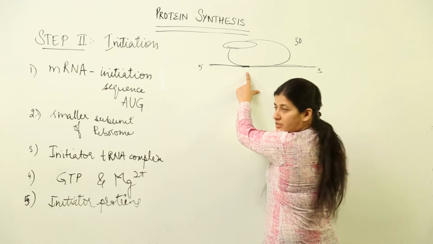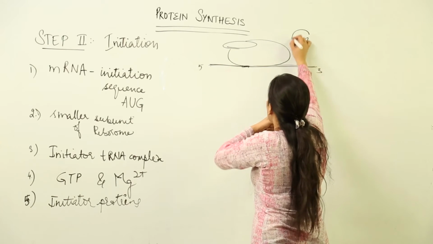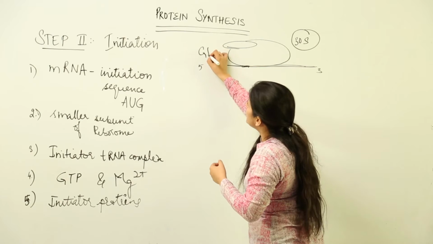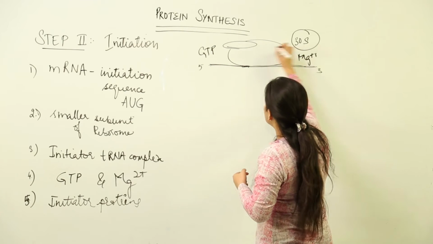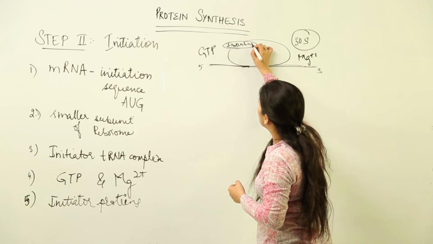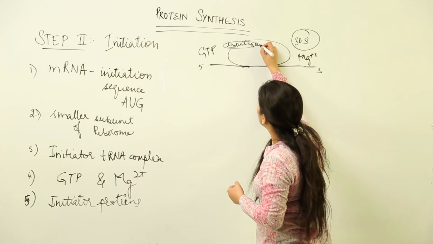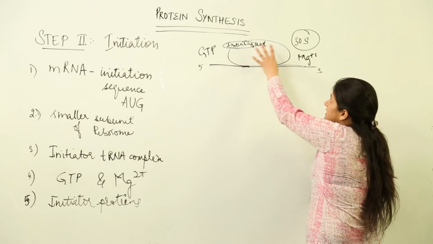Now, at this initiator sequence, when this initiating complex, the 30S unit, has come along with GTP and magnesium ions, these are initiating proteins. Alright, call it initiating unit.